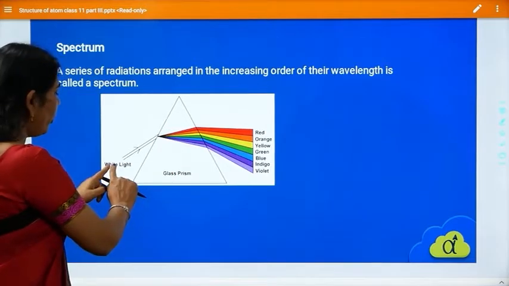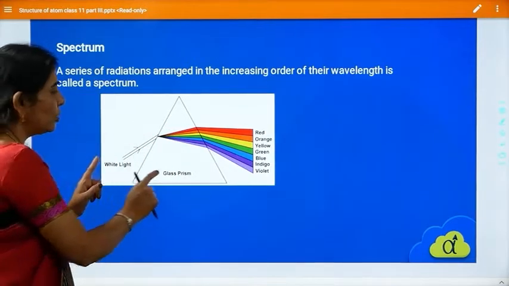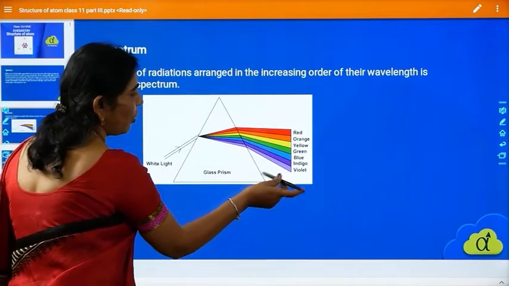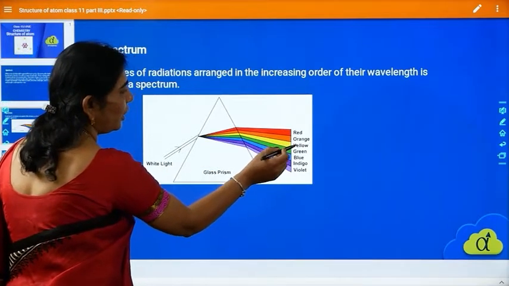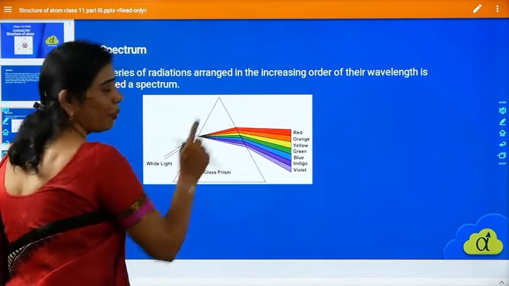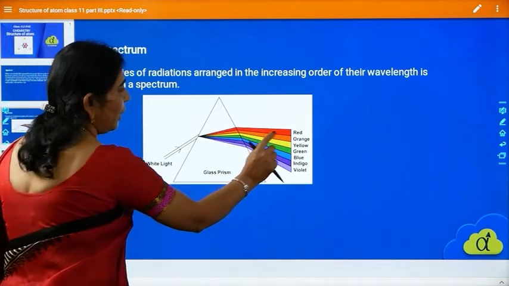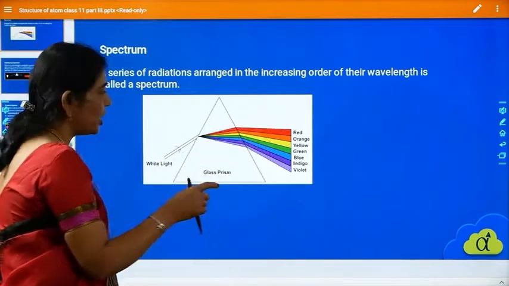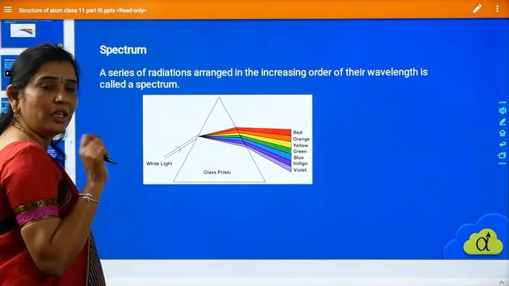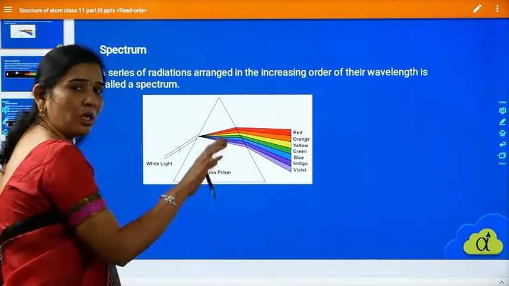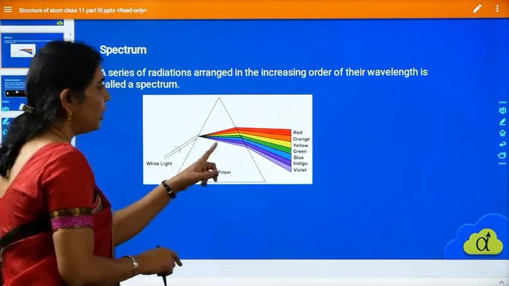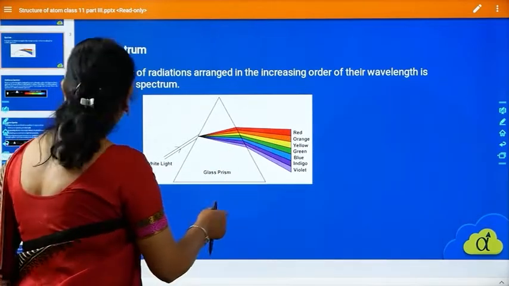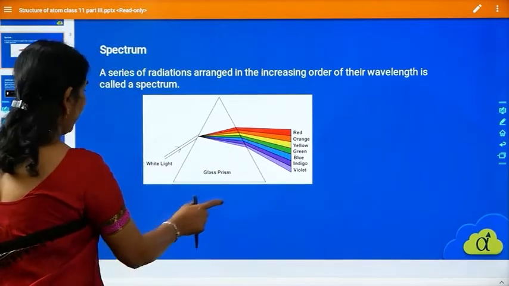See here, now this is a prism. On this prism, when white light is made to fall, what is going to happen here? Splitting of white light takes place like this. So this is violet, indigo, blue, green, yellow, orange, red. We call it VIBGYOR. So red light has the largest wavelength, so it bends to the least extent. Violet has the least wavelength, so it bends to the larger extent. So here the split colored light radiations are made to fall on a photographic plate.